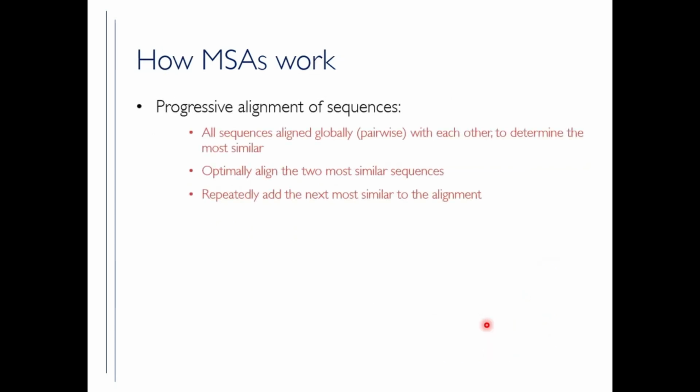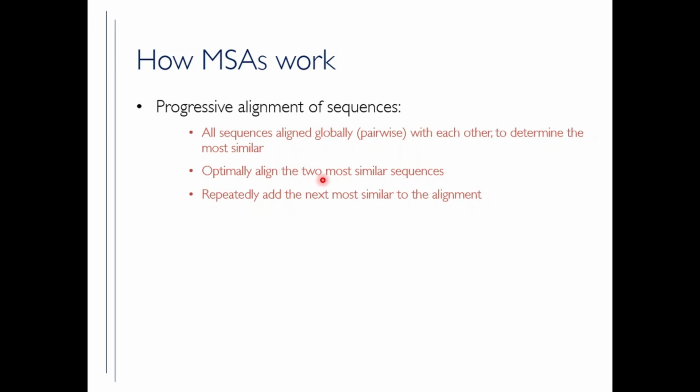Well, they essentially take all sequences, unlike a BLAST search, which we saw the other week, which is a pairwise alignment, so only using two sequences. Here we can align hundreds, if not thousands, of sequences if we really wanted to. It will take all those sequences and align them globally with each other, or pairwise initially, and it will determine the most similar.